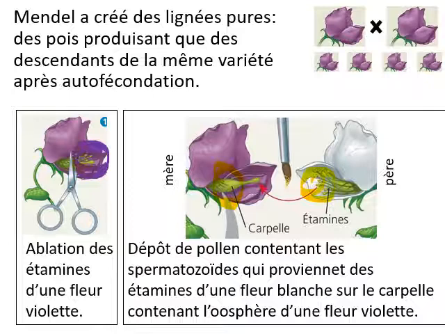Mendel controlled this by removing the stamens so that the flower could not pollinate itself. He then used a brush to transfer pollen from a white flower, which was the father, to the carpel of a purple flower on the mother plant.